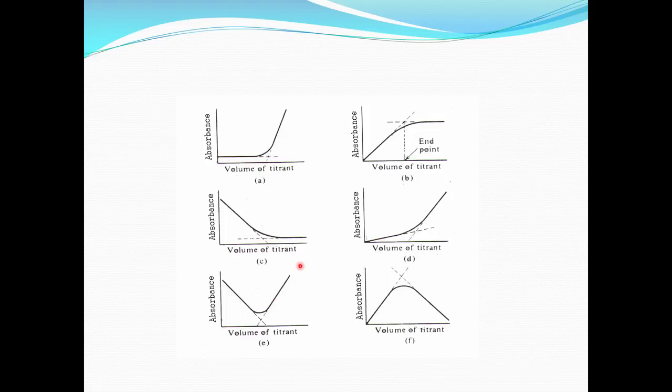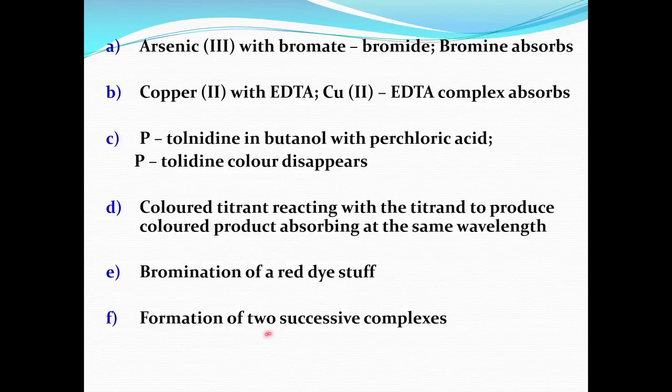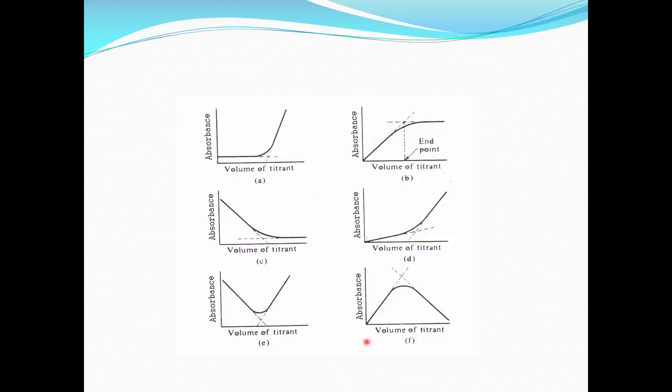So, absorbance will keep on increasing. This is another type which we have seen, and then formation of two successive complexes. The last one, which is very easily understood, one is colored, another is not colored. So, different types of titrations can be conducted using photometric titrations.